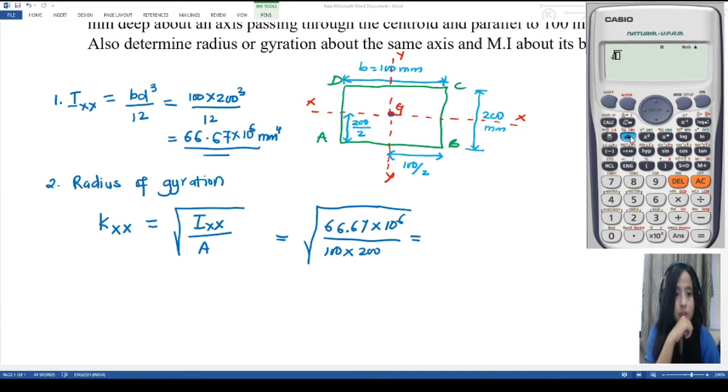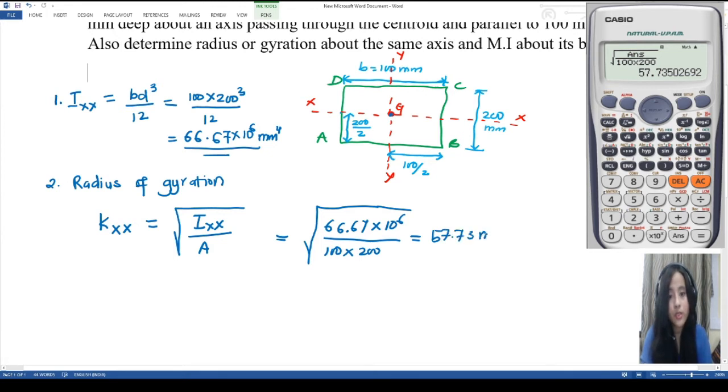Root over of my previous answer divided by its area, 100 into 200. So it is coming 57.73. Now what will be its unit? It will be in mm, radius of gyration. For radius of gyration, the unit will be in mm.